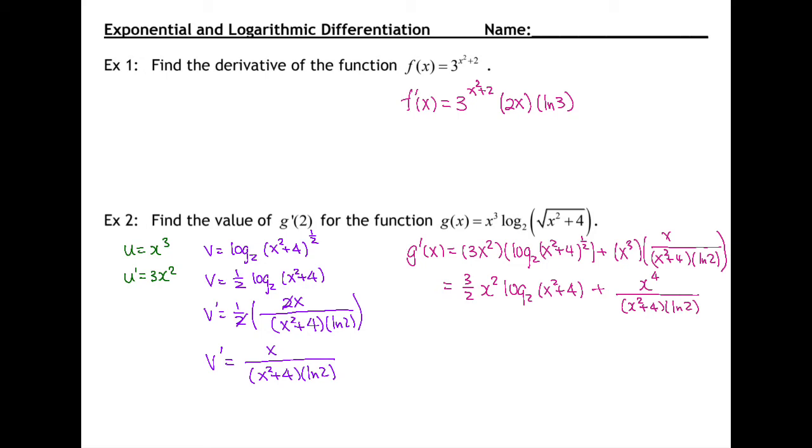And then we're going to substitute 2 into the x. Now let's reduce the fraction.